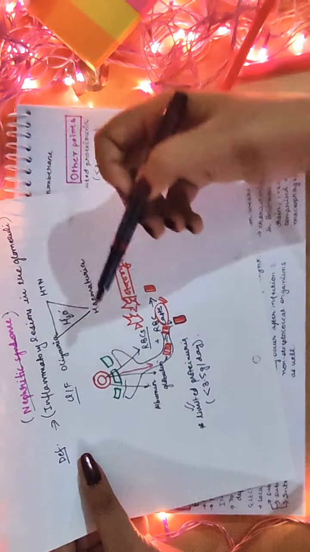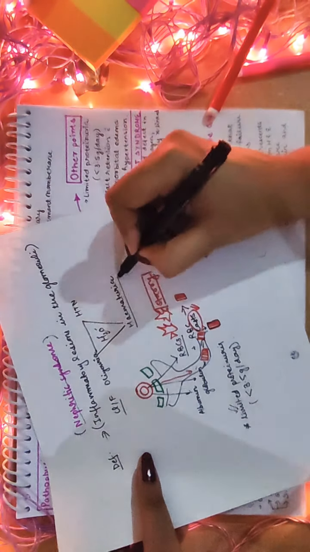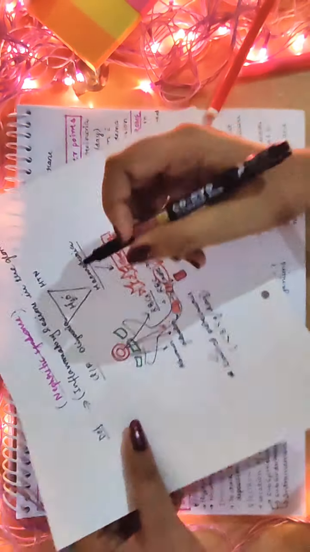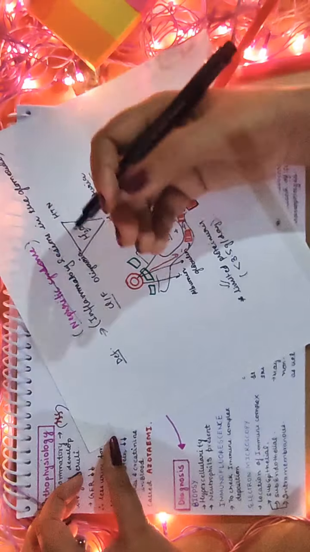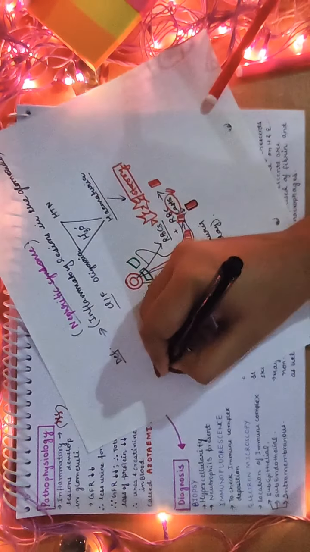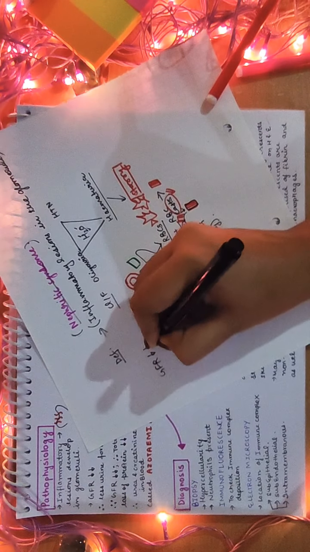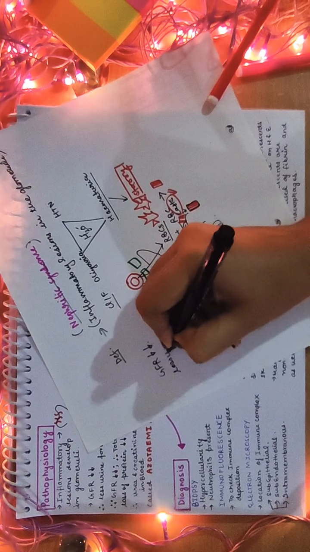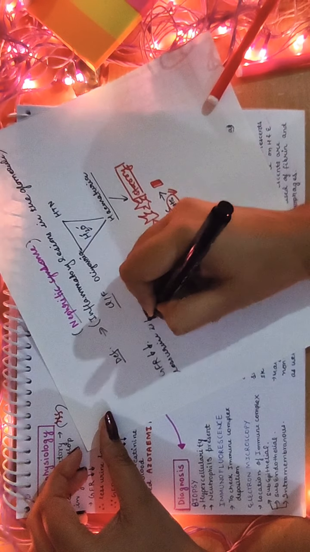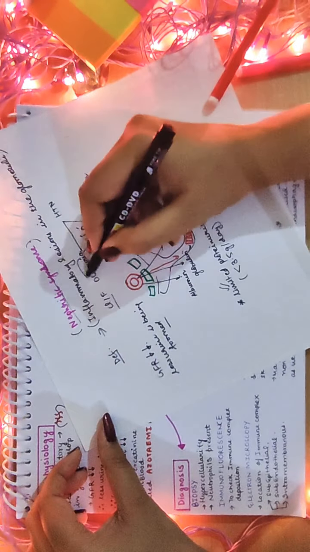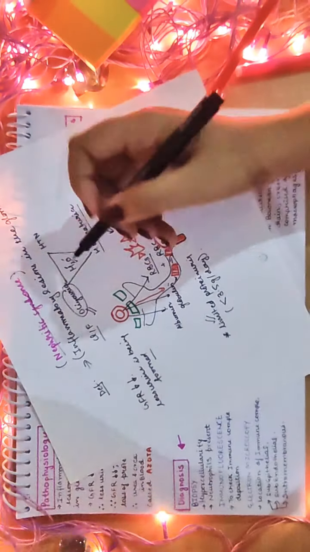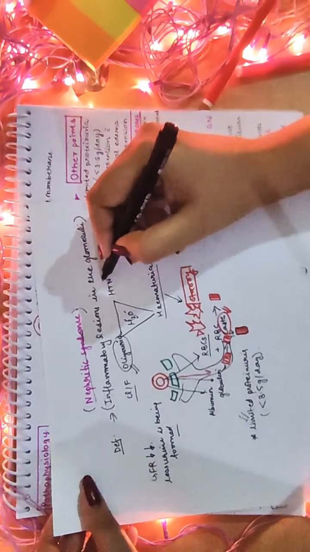Okay, now we have done the clinical features. Now you have understood that hematuria is occurring due to this. Okay, oliguria. Why is there oliguria? Because the GFR decreases, so less urine is being formed, and hence there is oliguria. Now you are also clear with the second point. The third point, hypertension.